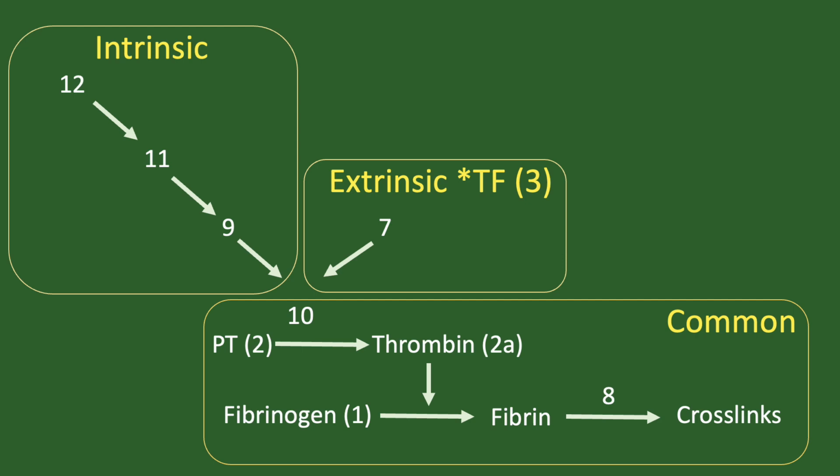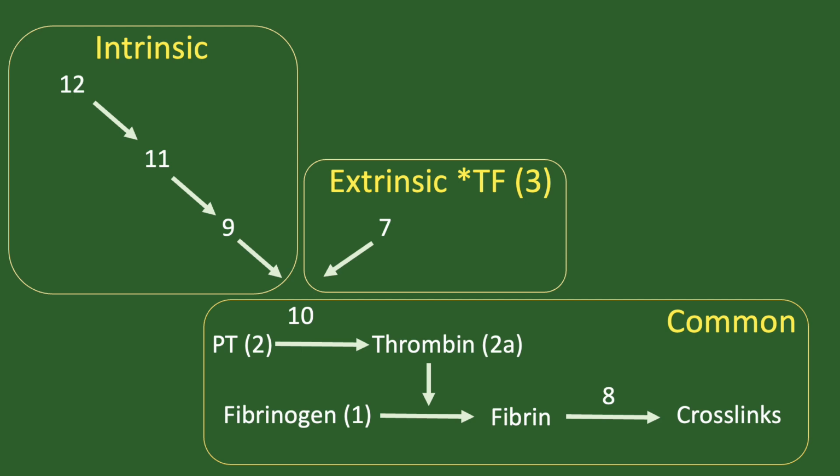Now let's discuss the intrinsic pathway. It's a little more complex. Factor 12 moves freely in the plasma until required. It binds to negatively charged phospholipids on platelets and subendothelial collagen, resulting in activation, forming factor 12A. Factor 12A cleaves factor 11 to form factor 11A, and factor 11A and calcium cleave factor 9 to form factor 9A.